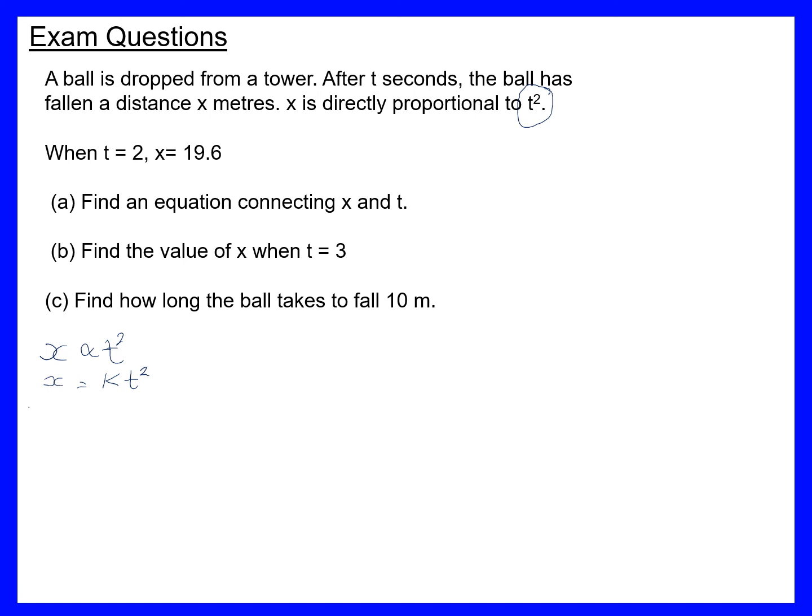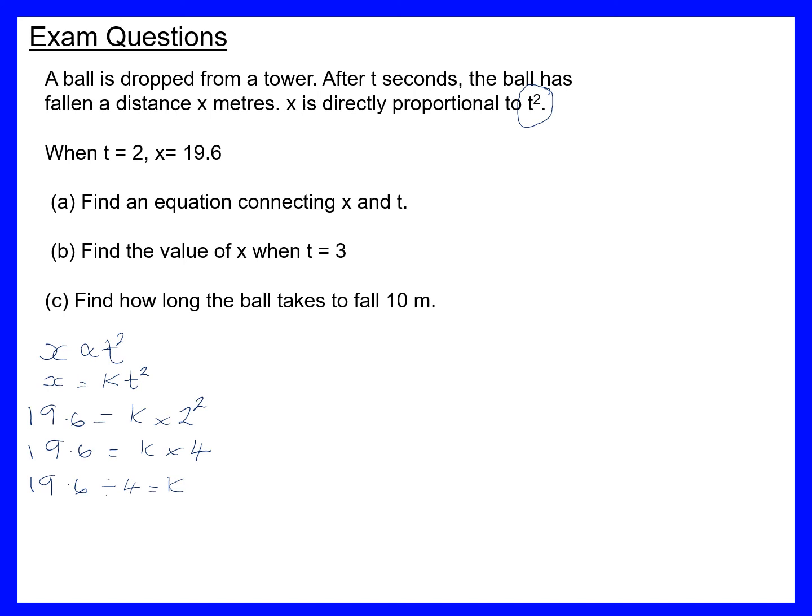So we know then that x is 19.6 and that's equal to k multiplied by t, which was 2, and it's squared. So we need to work that bit out. So 19.6 equals k times 2 squared, which is 4. Remember, we want the value of k, so we're going to divide both sides by 4.